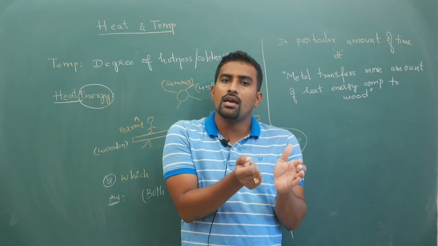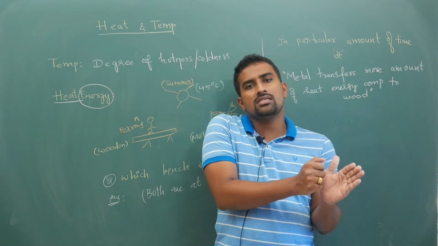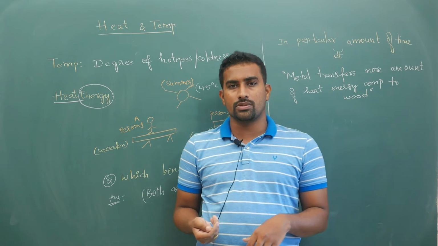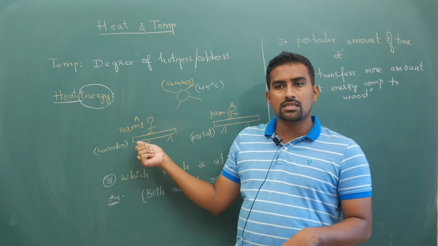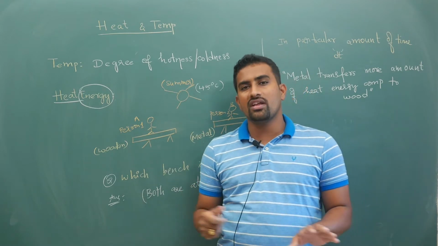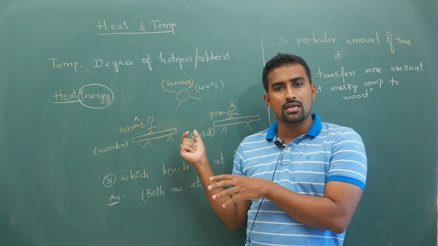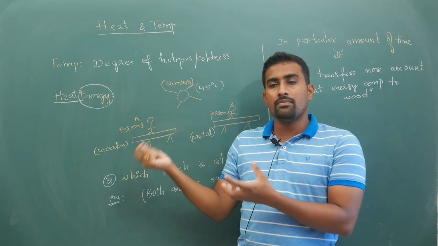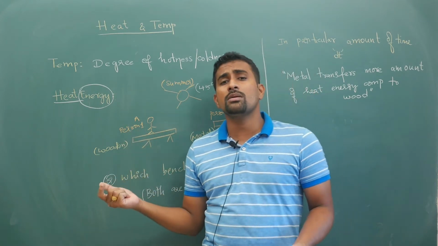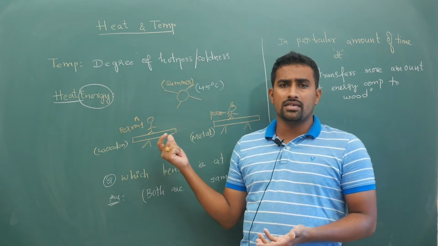When a high temperature body comes in contact with a cold temperature body, heat energy automatically transfers. Whether this person sits on a wooden bench or a metal bench, no difference will be there. In both cases, heat energy will be transferred from the hot body to the cold body, because normal human body temperature is around 37-38 degrees centigrade.